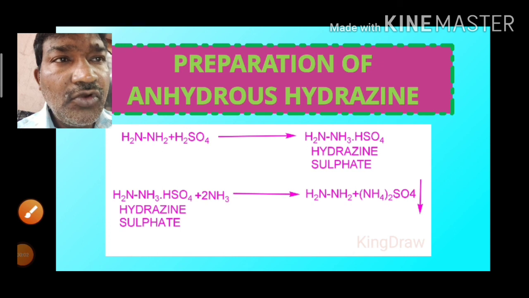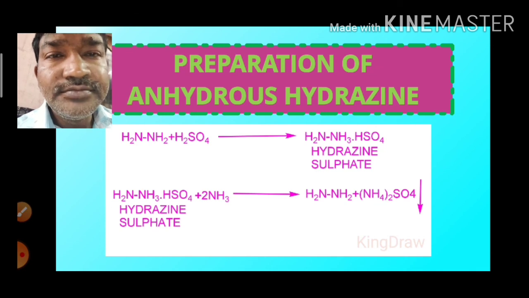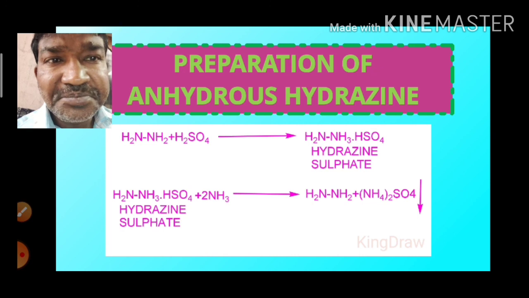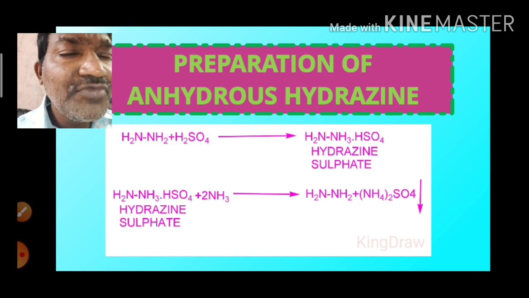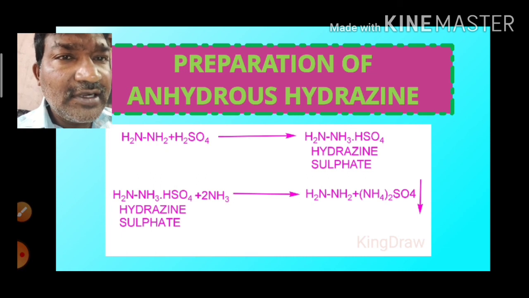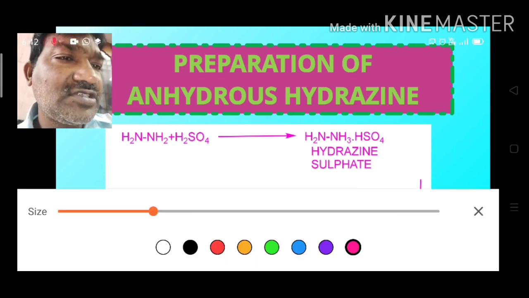Now we go for the preparation of anhydrous hydrazine. During the preparation methods, we get the aqueous solution of hydrazine. So if you remove the water, then only we get the anhydrous hydrazine. So in order to prepare anhydrous hydrazine, to the hydrazine aqueous solution, we add concentrated sulfuric acid.